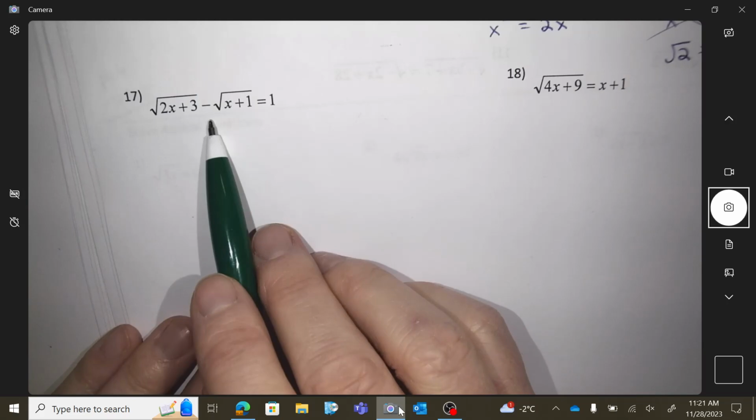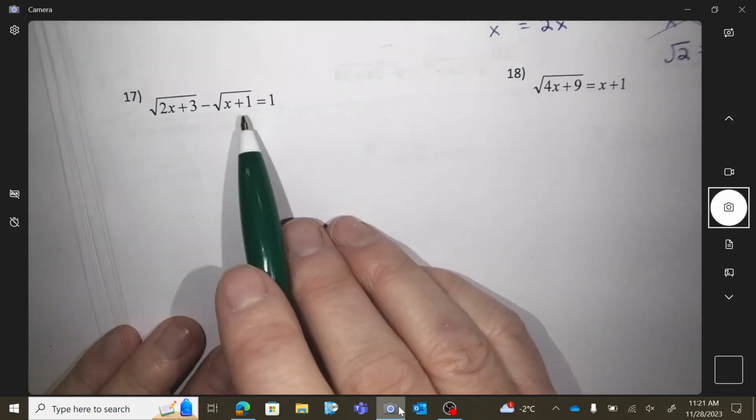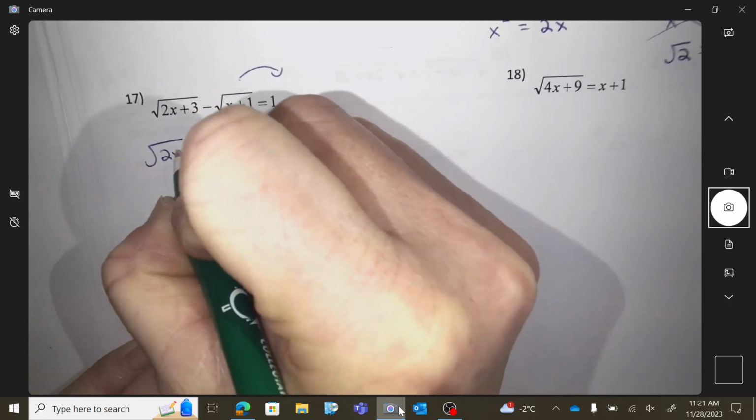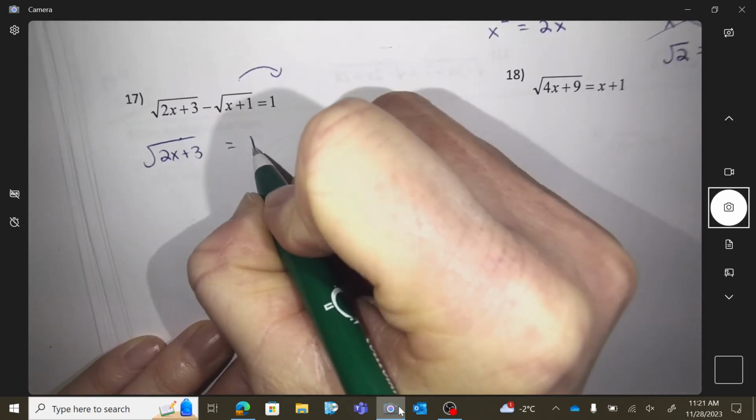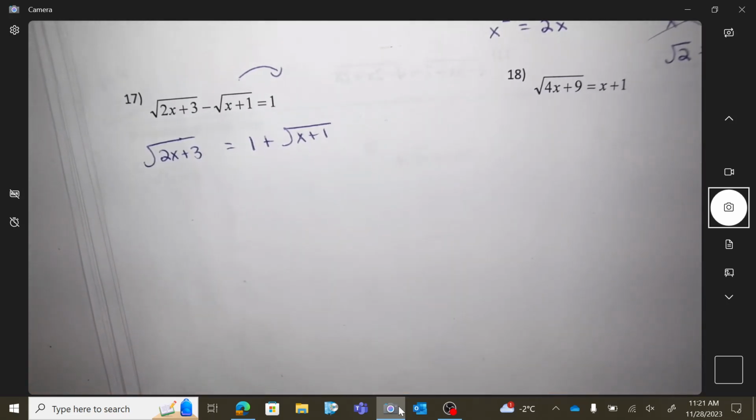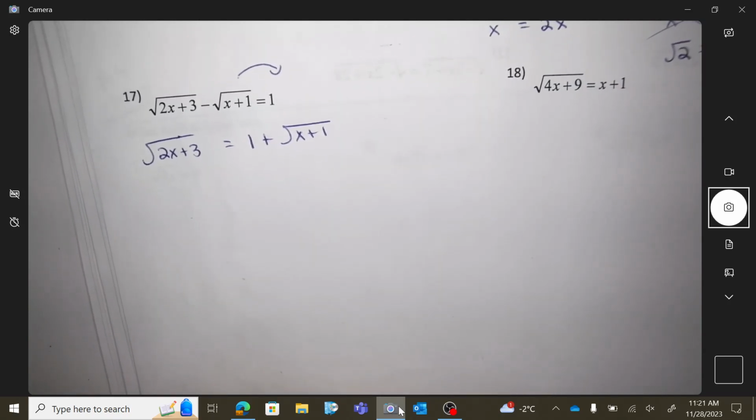So I don't want to square this side with it having 2, so I'm going to just move this over. Okay, so now I'm going to square both sides.